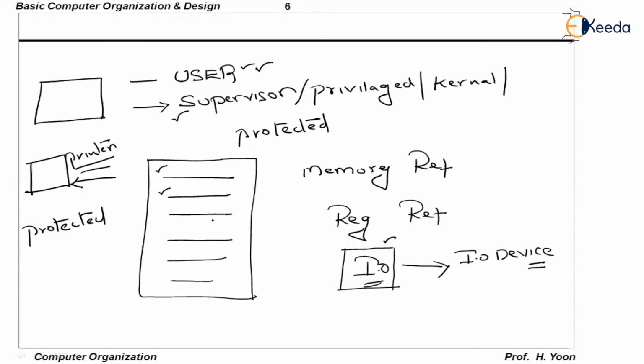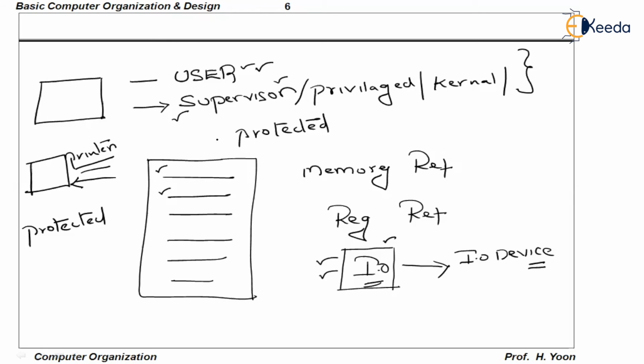A software error may physically damage an IO device, which means that a user can never ever be allowed to access IO devices directly. That's the reason why every time when an IO instruction needs to be executed, immediately the CPU switches from user mode to the supervisor mode. In the supervisor mode, these IO instructions will get executed.